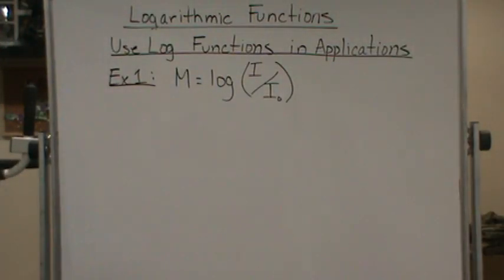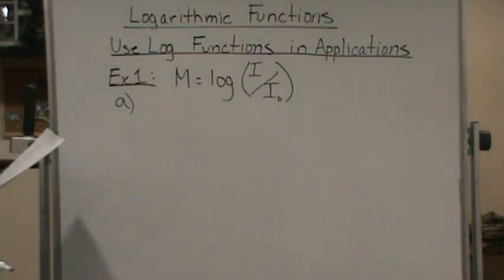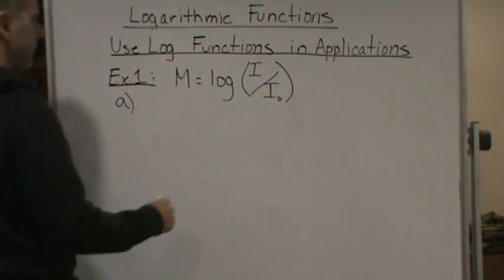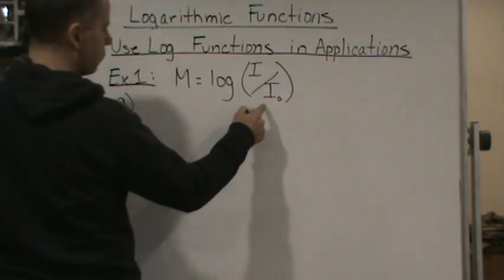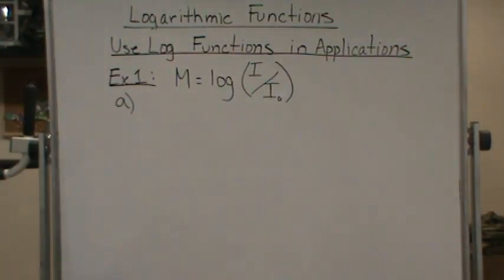Okay, so now A says, determine the magnitude of the earthquake that devastated Haiti in 2010 if the intensity was approximately 10 to the 7.0 times I naught. So this ratio here would be 10 to the 7.0.